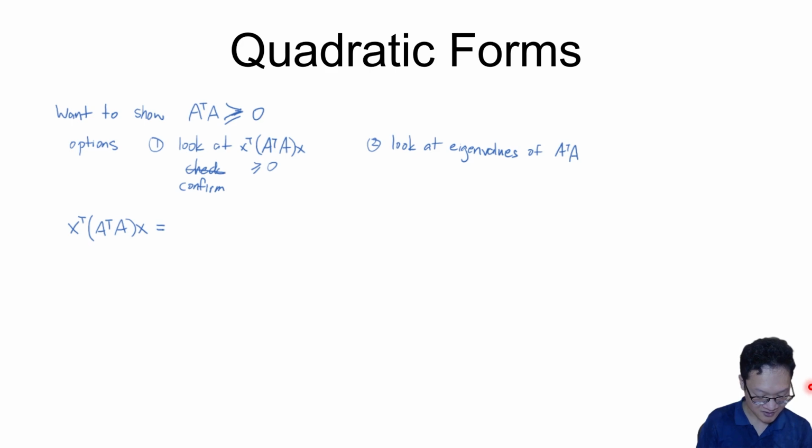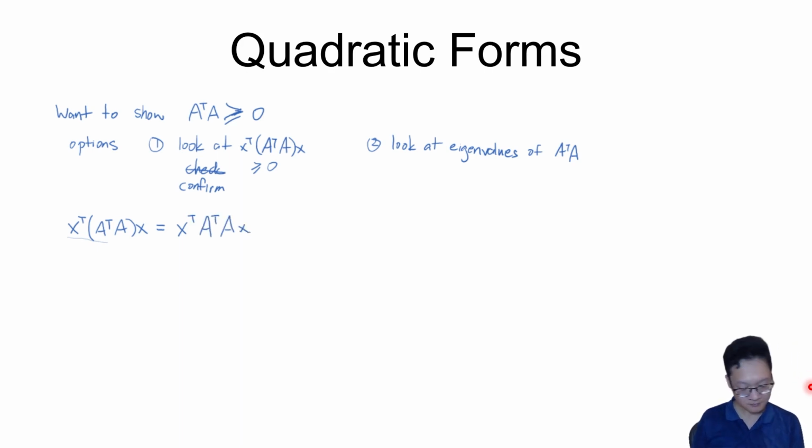The first thing we're going to do is get rid of the brackets, because in matrix multiplication, as long as you keep everything in the same order, it doesn't matter which multiplication you do first, whether you do X transpose A transpose first, or the last two first. So we can remove the brackets. Seems like a trivial thing to do, but we are making some progress.